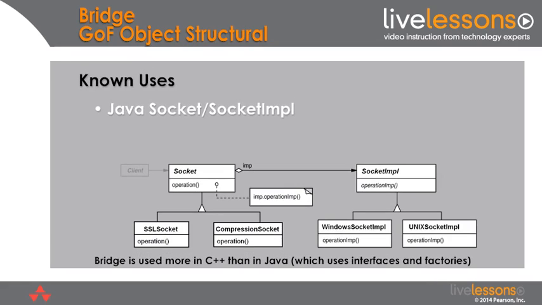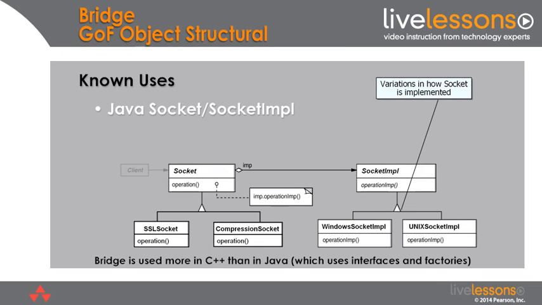There's lots of different known uses. As I mentioned before, bridge is very heavily used in C++, not so heavily used in Java. There are some examples of using bridge in Java. One interesting example comes from the Java socket programming API, where you have this concept of a socket implementation, which corresponds to different platforms like Windows versus Unix and so on.